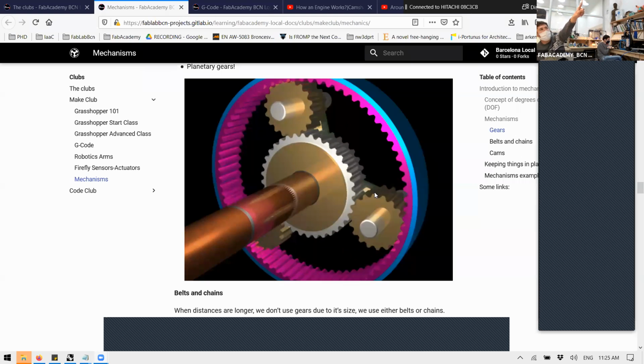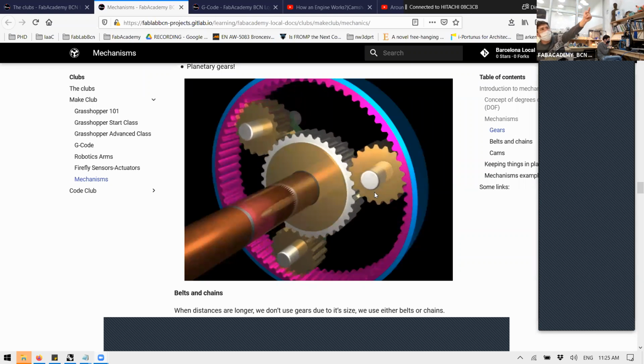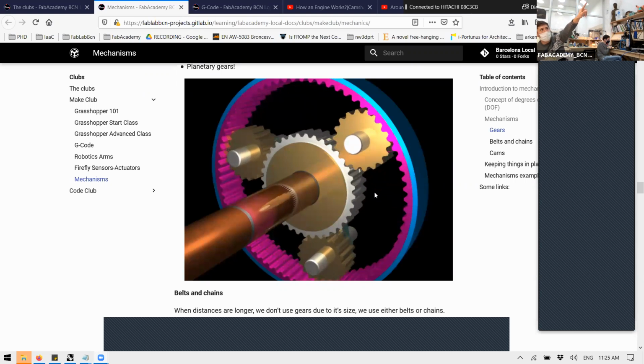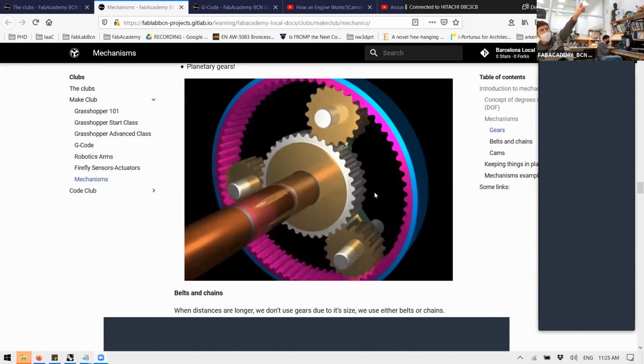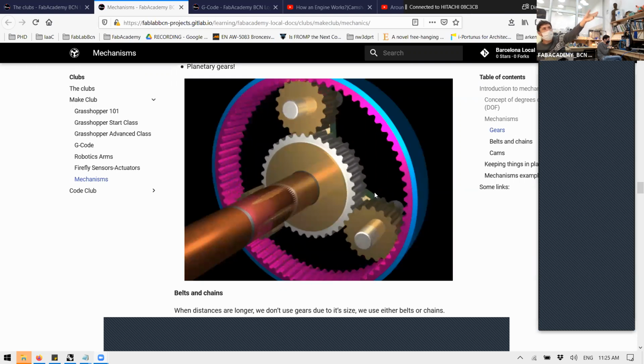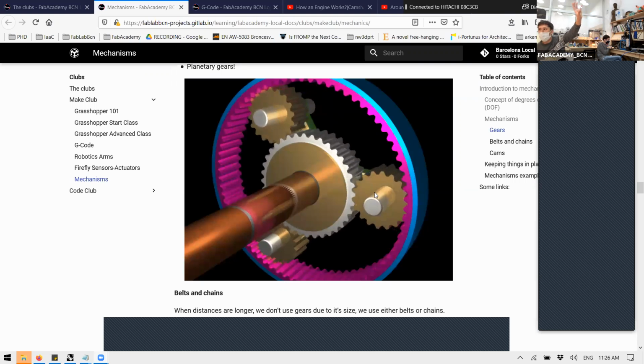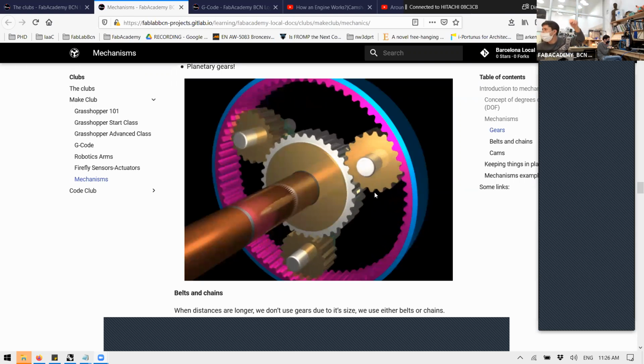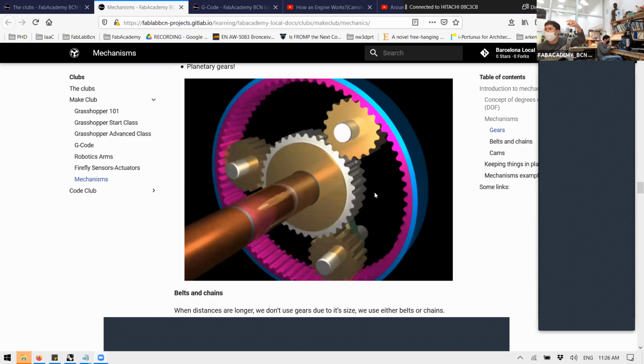Imagine the blue part is fixed right now, so you achieve the movement of the axes of the small gears versus the big one, or you could fix different things with respect to that. It will achieve different torque ratios or speed ratios, etc.